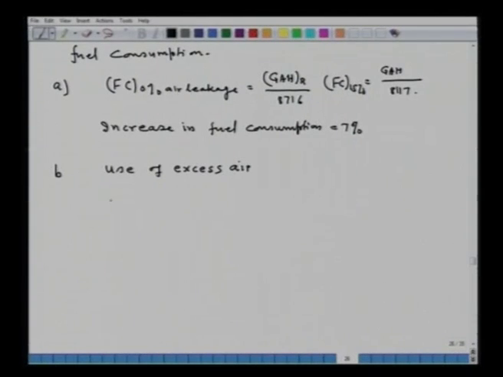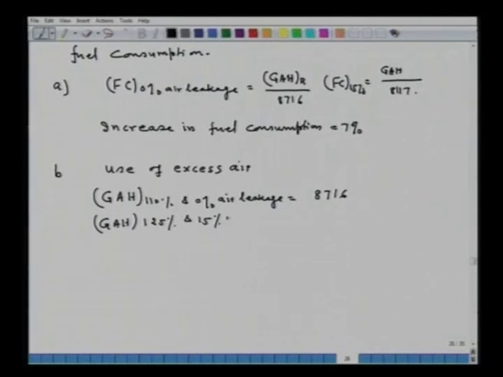So, now we calculate, for example, GAH at 110% and 0% air leakage, which was 8716, and GAH with 125% and 15% air leakage, which is equal to 7975.